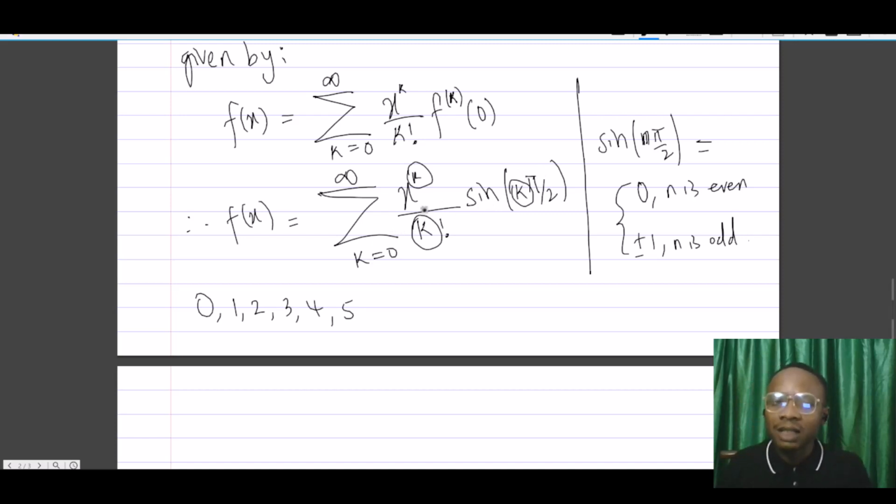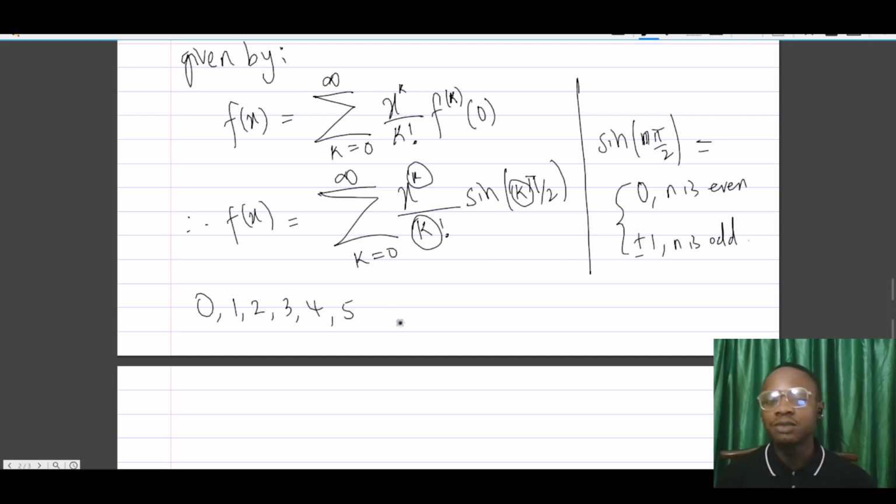We don't want that to happen, or we want to avoid that completely, so that whatever we are substituting from here, we still retain some expression here that will start from 0 and go to infinity. But we want it to be such that this expression here, this one here, and this one here will never be even. So it will always be odd. So how can we be sure of that?